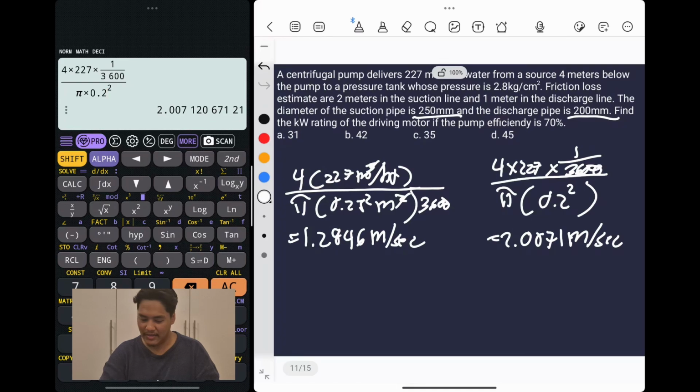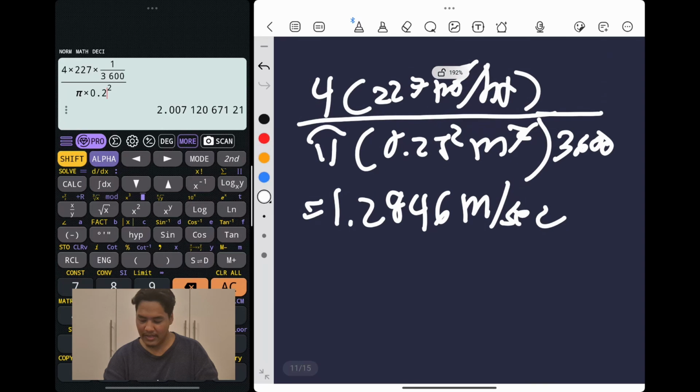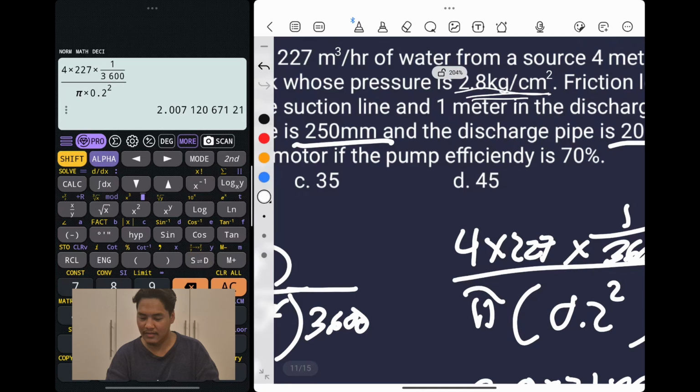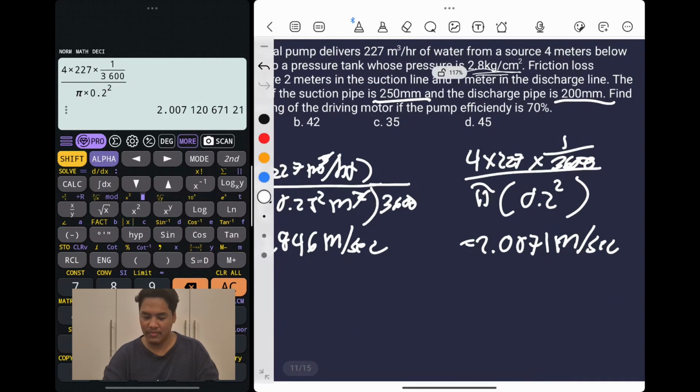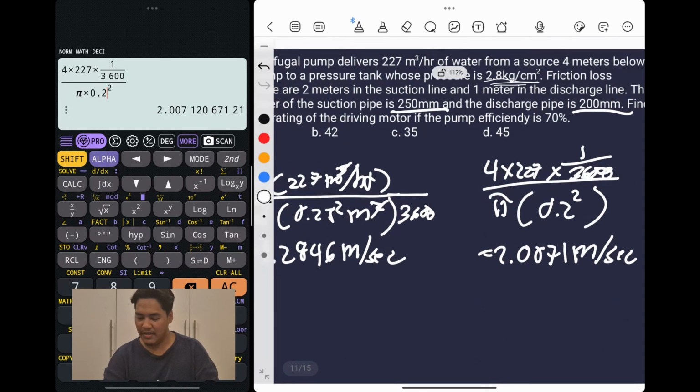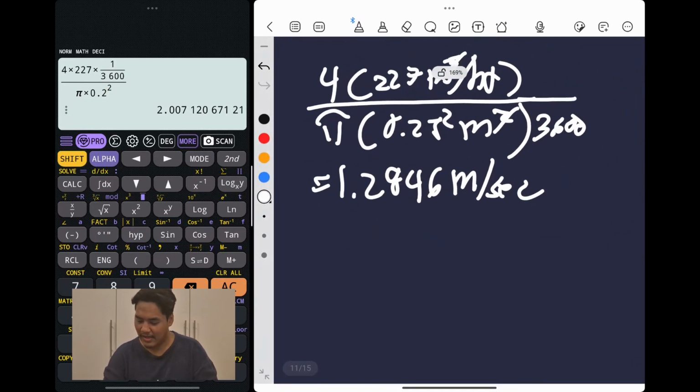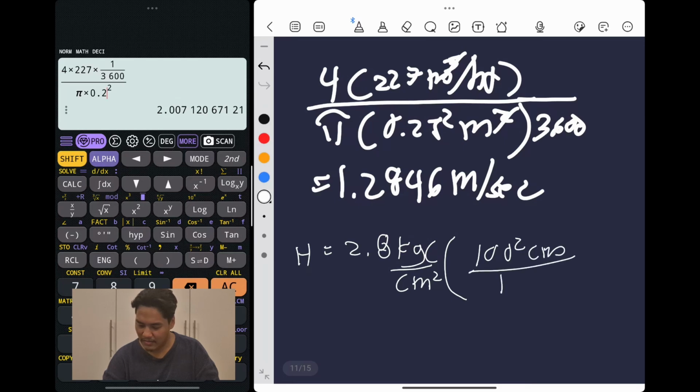So since nakuha na natin yung inlet and outlet velocity, pwede na natin itong i-insert sa ating total head equation. Pero based sa analysis natin, meron na tayong given na pressure. Itong pressure lang na to. So a-assume natin na P2 or P1 is non-existent. In this case, P1 is non-existent. So P2 lang siya. Kasi yun lang ang pressure niya. Wala siyang isang pressure na iba. So lalabas dyan, head or H is equals to 2.8 kilogram per centimeter squared. Ico-convert pa natin to. Multiplied by 100 squared centimeter over 1 meter para ma-cancel out yung centimeter squared.